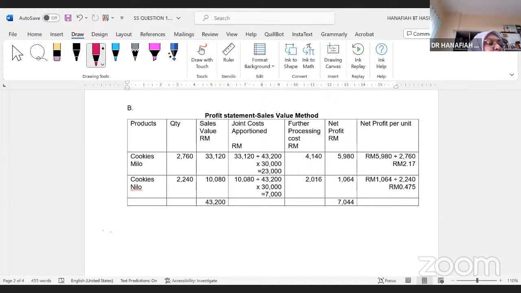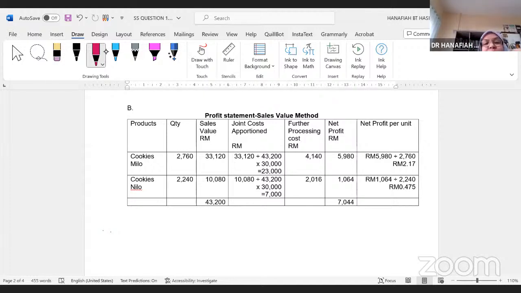Calculate total net profit and the net profit per unit for each product if apportioned based on the sales value method. Sales value is based on the selling price.